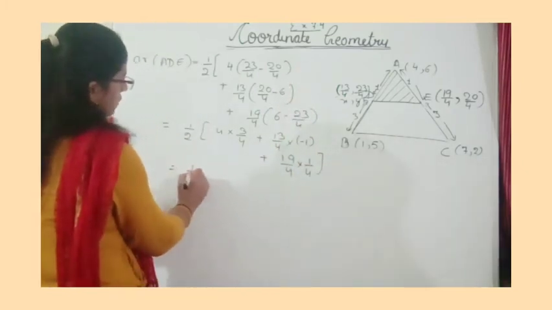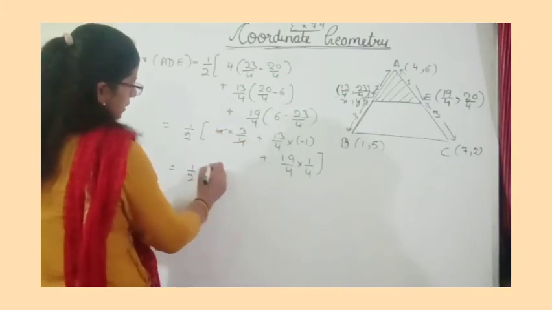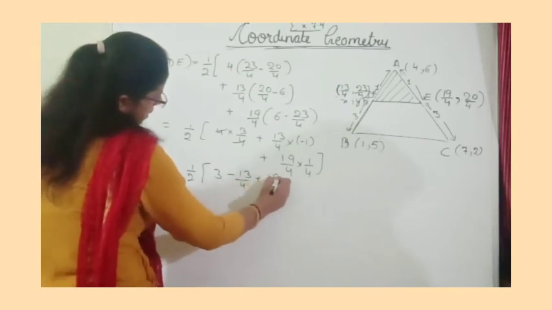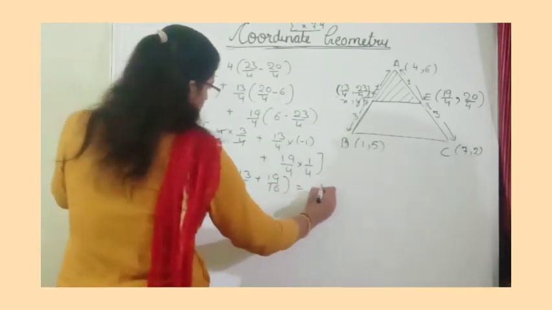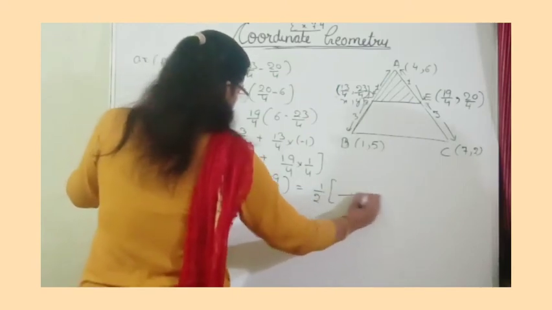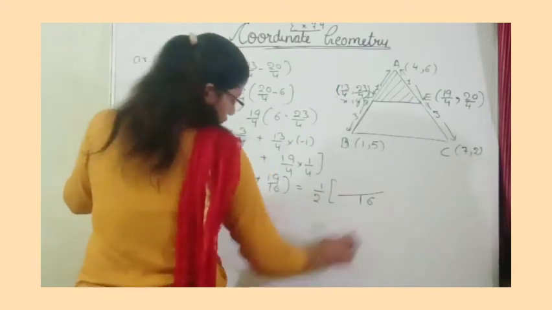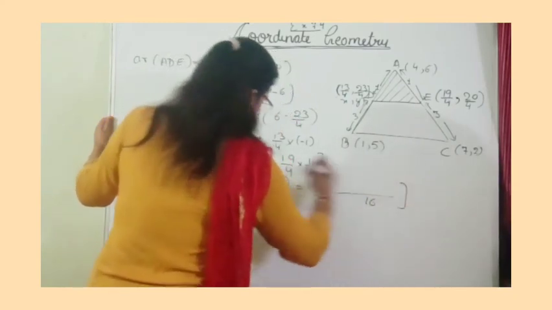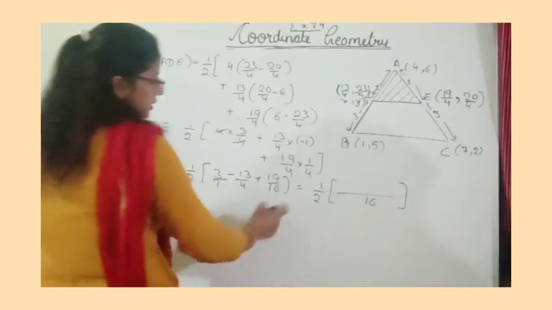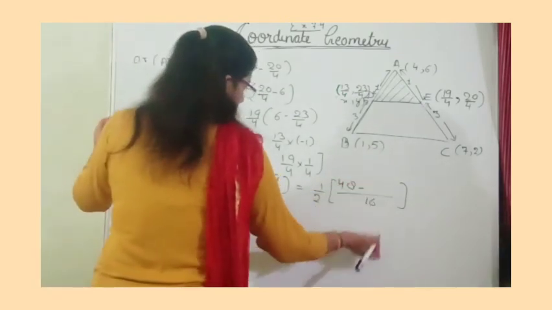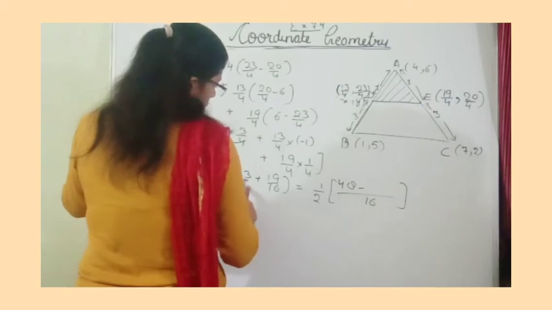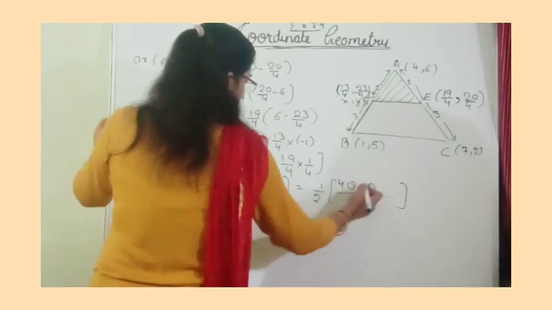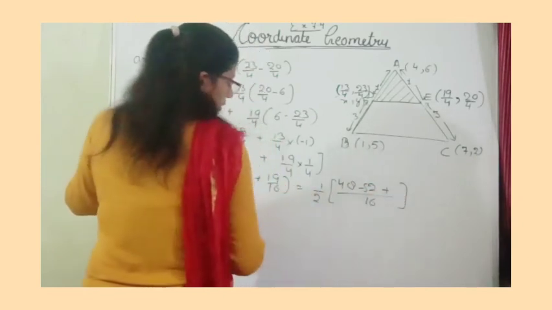So the area of this we will get, this and this cancel. 3 minus 13 upon 4 plus 19 upon 16. So you will get 1 upon 2. So take the LCM, 16. So what you will get in this? 16 3s are 48 minus 4 4s are 16, so you will get 52 plus 19.